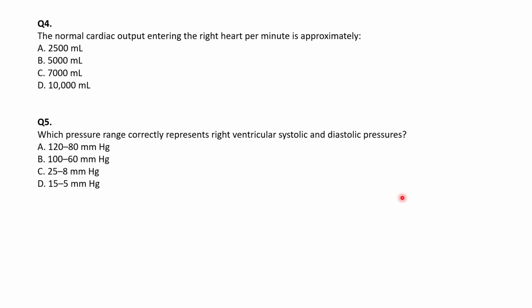But this is low resistance pulmonary circulation, right? So the job here is to push blood via the pulmonary artery to the lungs. So that much high pressure does not need to be generated, right? And also the right ventricle wall is thinner, so it cannot generate such a high pressure.